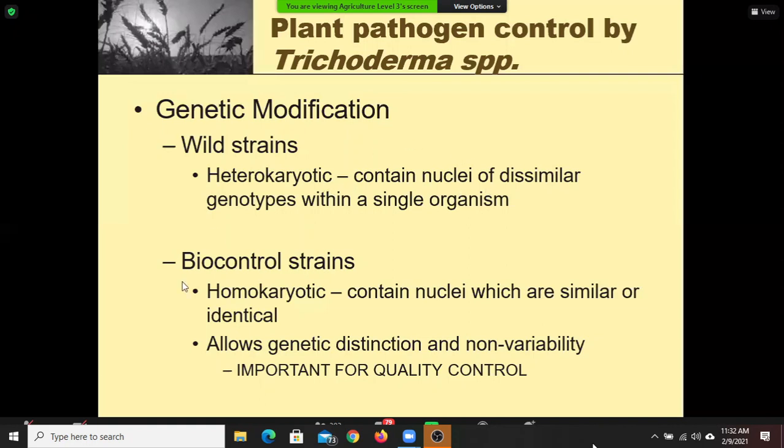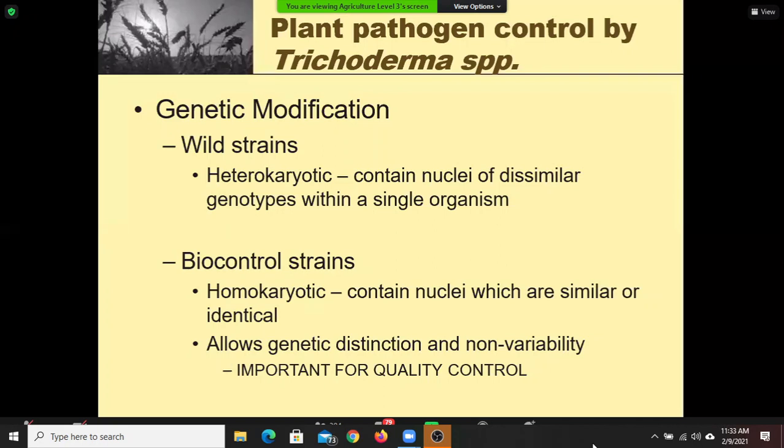On the other hand, the biocontrol agent should be homokaryotic. That is, it should contain nuclei which are similar or identical. And why is it necessary to maintain the similarity of biocontrol agents? Because we need genetic distinction. So we don't need variability.